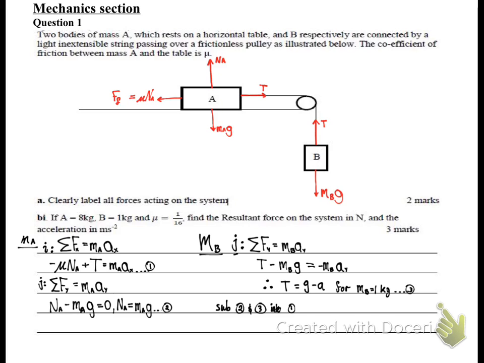So we're going to sub equation number 2, which is this one, and equation number 3, which is this one, back into the original equation number 1. Okay, and so the value for N and the value for T, and we substitute our values for the mass of A and the coefficient of friction, and we can solve for the acceleration, and we get g divided by 18 meters per second squared. Very good. Let's move on.